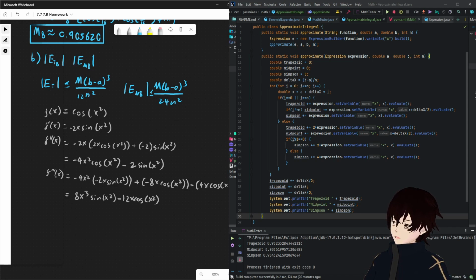Where did I start going wrong? Cosine x squared is right. And, turns out, wait, no, that is also correct.